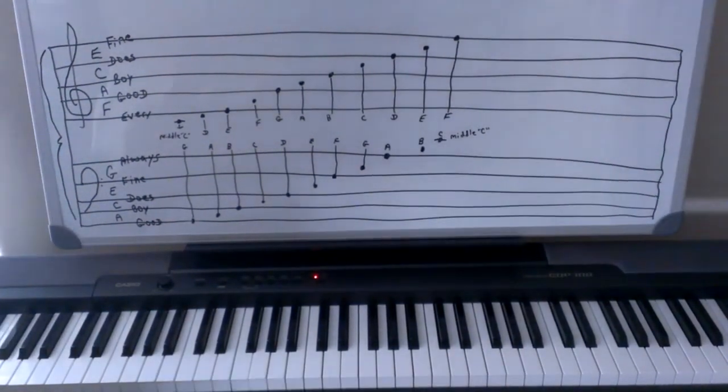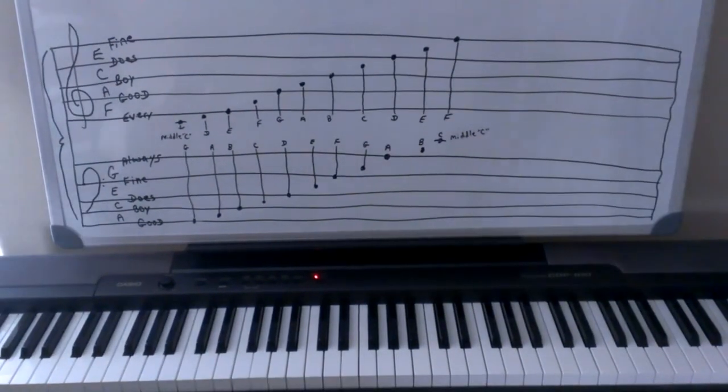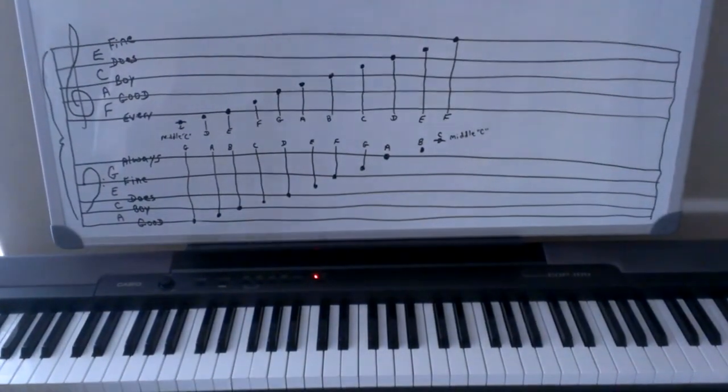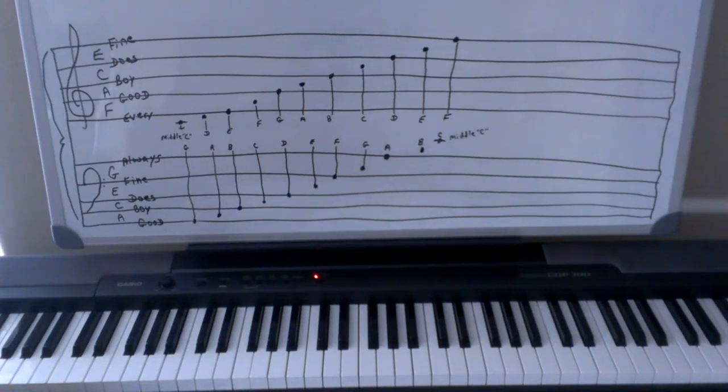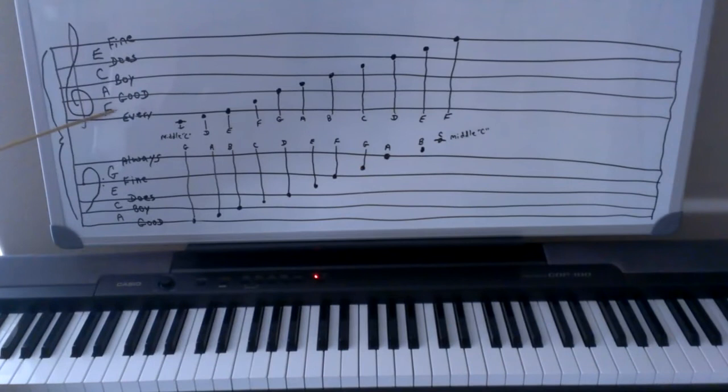You can take this video and replay it as many times as you want until you get it. It's just a matter of repetition, exposing yourself to it and going through it over and over again. Just remember, on the treble clef, the spaces are F-A-C-E, which spells face.